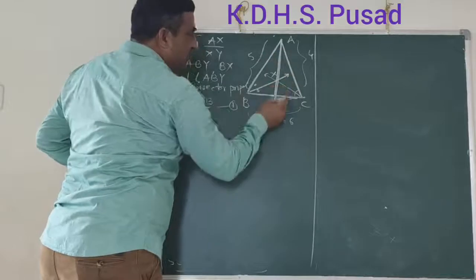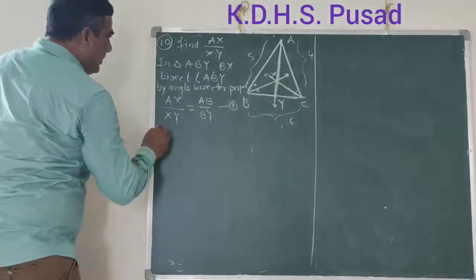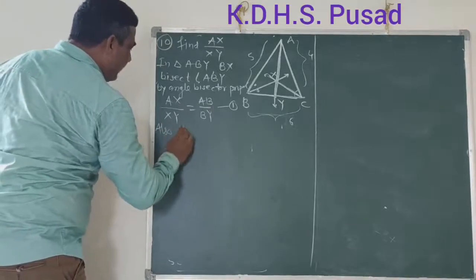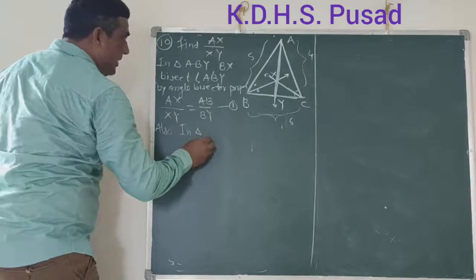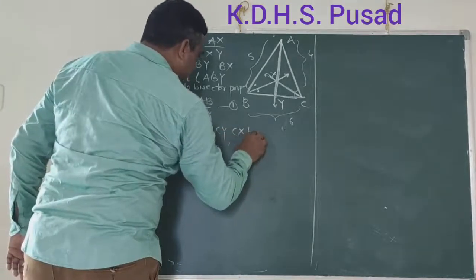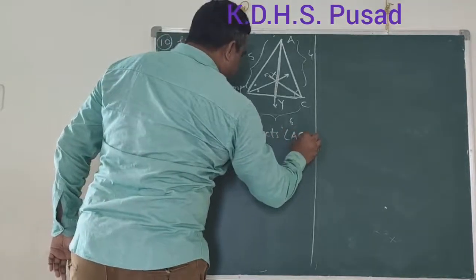Now consider this triangle ACY. What about this CX? That is also an angle bisector. Also in triangle ACY, CX bisects angle ACY.